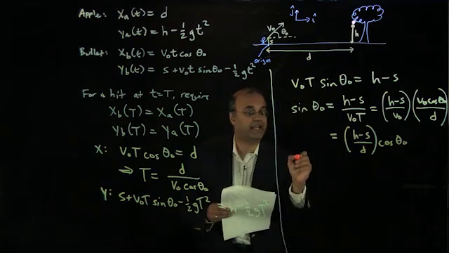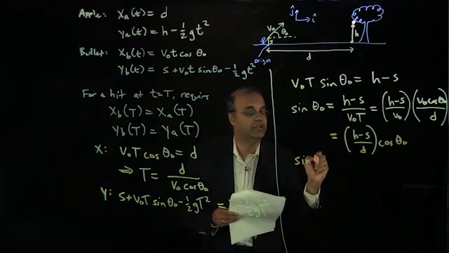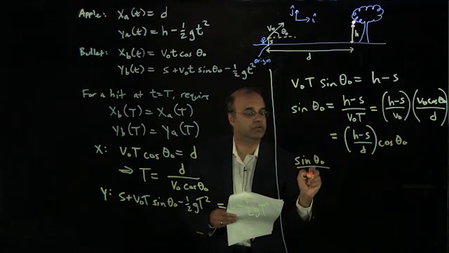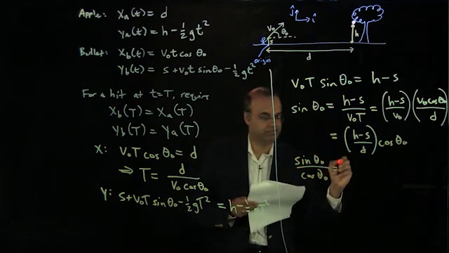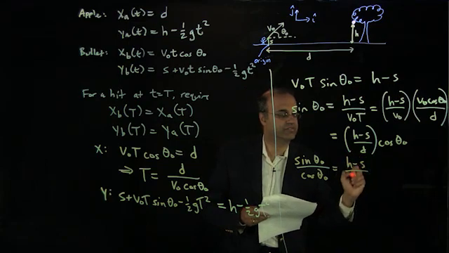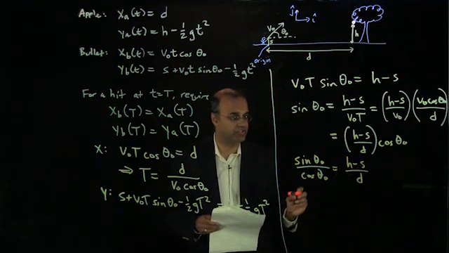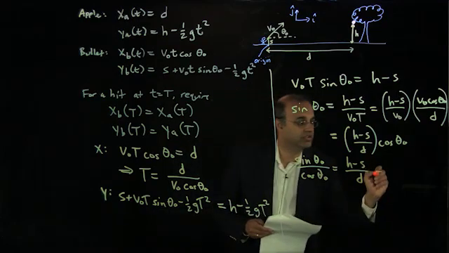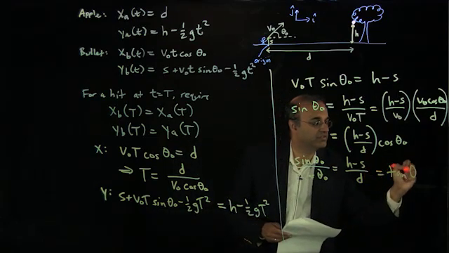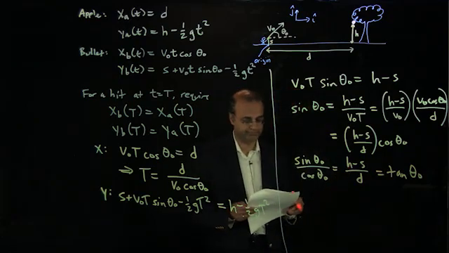So rewriting that, I have on the left-hand side sine of theta naught over cosine of theta naught is equal to h minus s over d. And notice on the left-hand side, sine over cosine is just tangent. So this is just the tangent of theta naught.